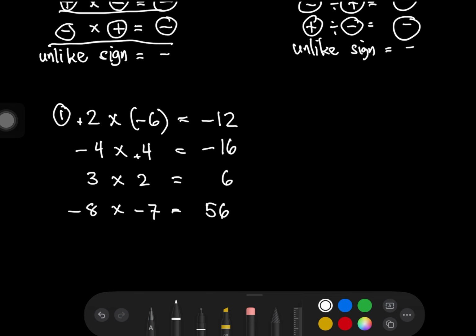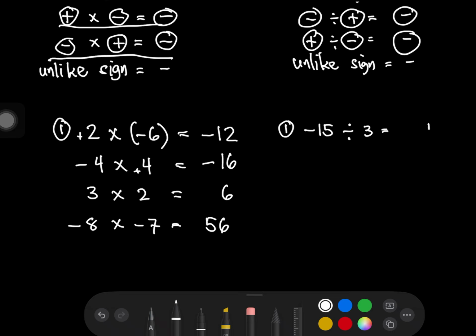Now let's go to division. Let's say we have negative 15 divided by 3, and that is 5. But based on the rules, negative divided by positive, and 3 here is positive, so negative divided by positive is negative.